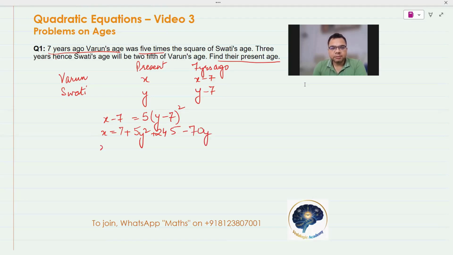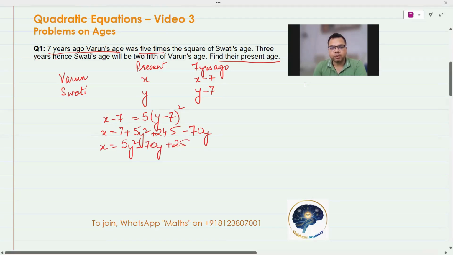So x becomes 5y square minus 70y plus 245 was there and then plus 7 was there, so it becomes 252. So this is the first equation for us. So this was the first part.